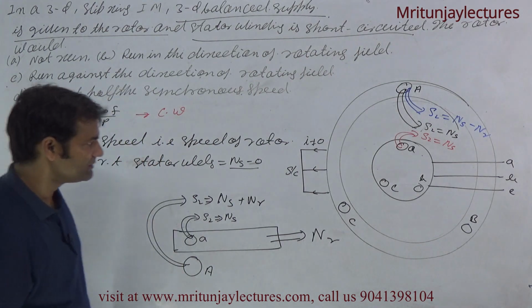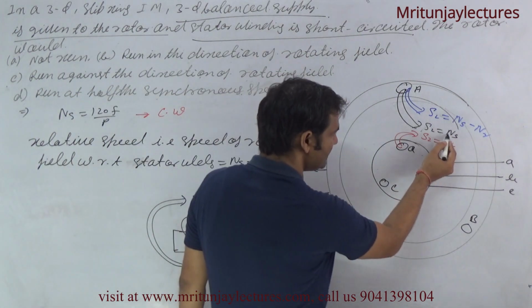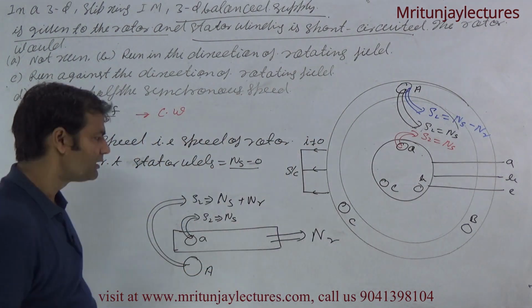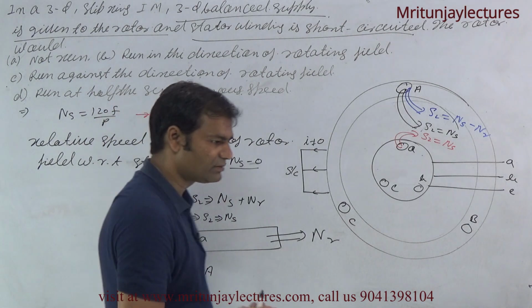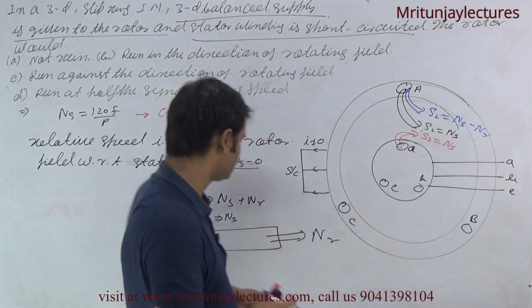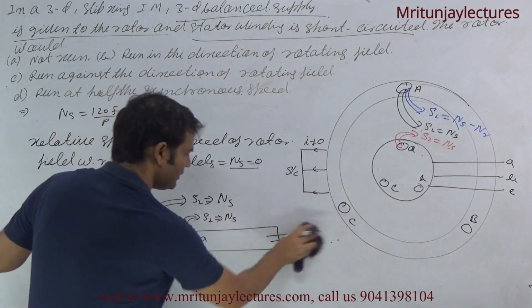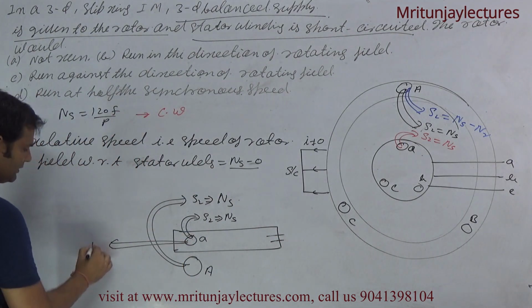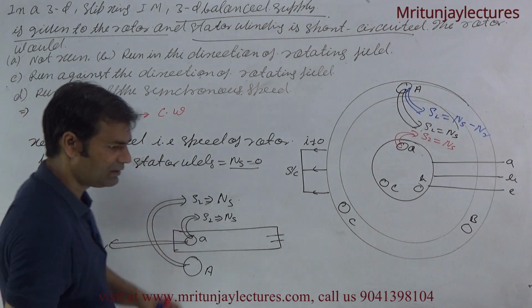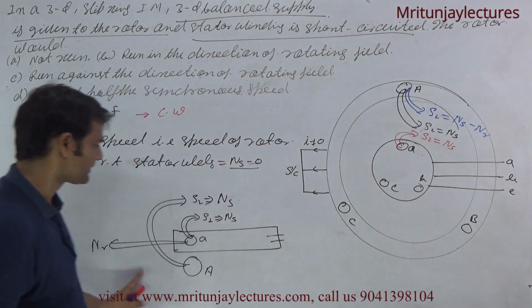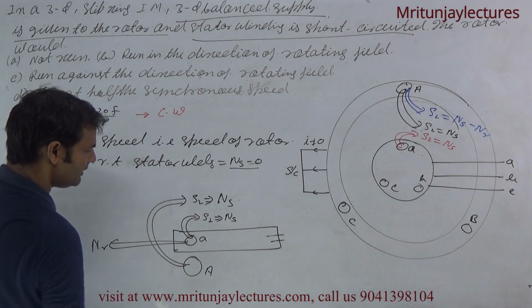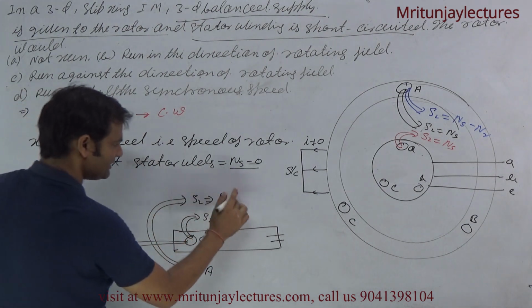According to Lenz law this speed should decrease to NS minus NR, but this speed increases, which opposes Lenz law. So the rotor must rotate in the opposite direction of the rotor field. If the train moves in the opposite direction, you see the boy at NS minus NR.